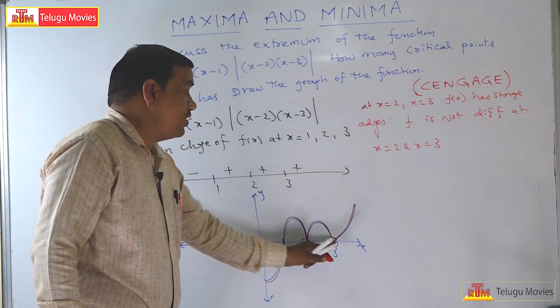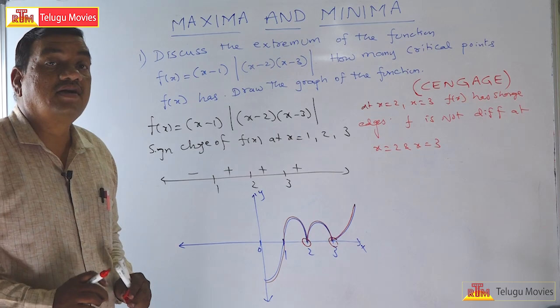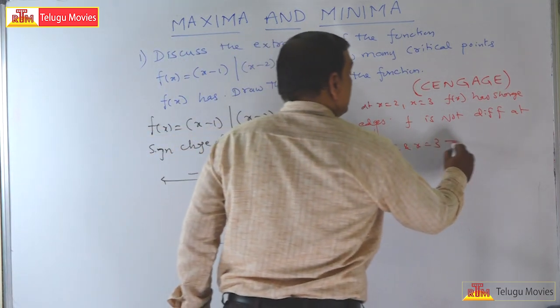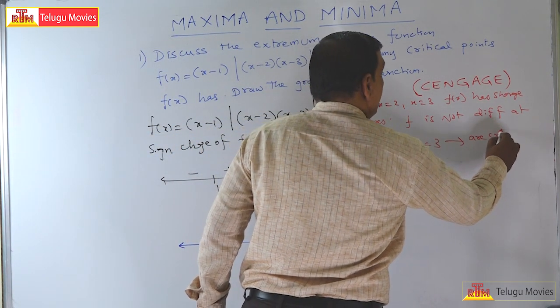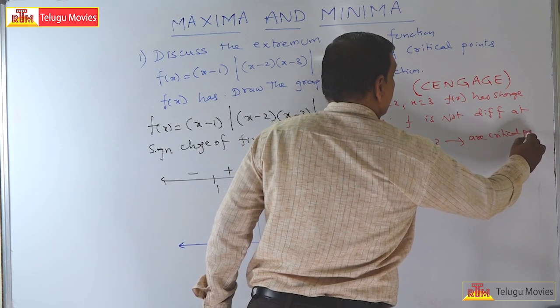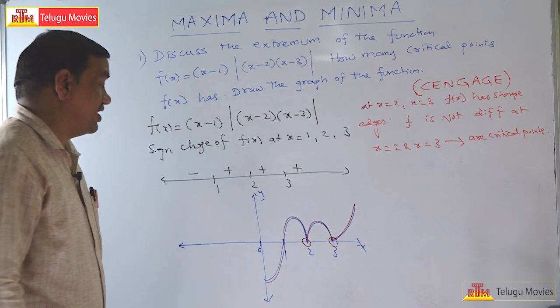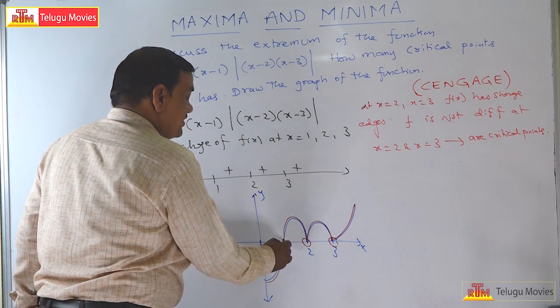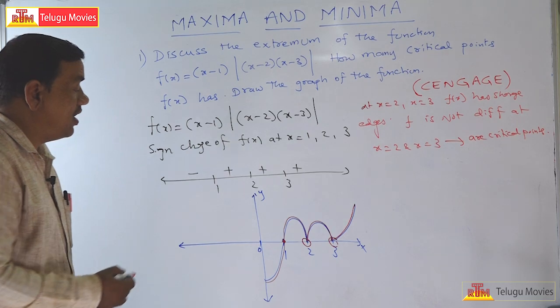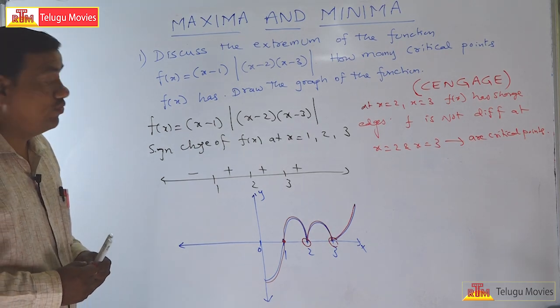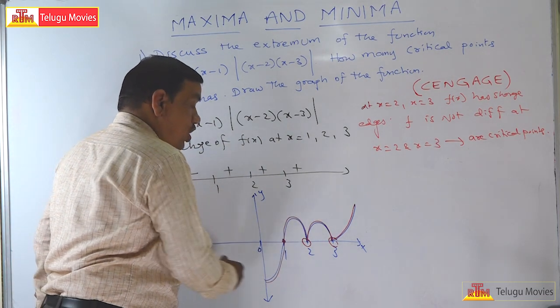Therefore, 2 and 3 are called critical points. Here at x equals 1, the function is differentiable, because there is no sharp edge.